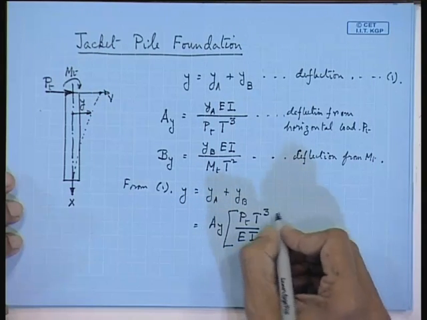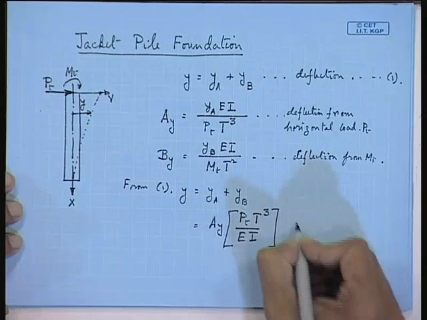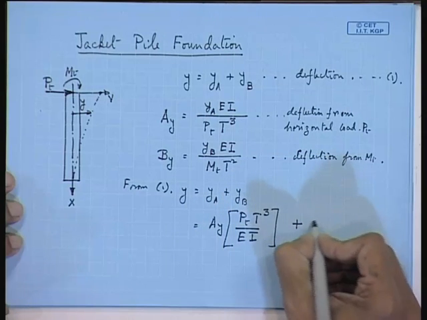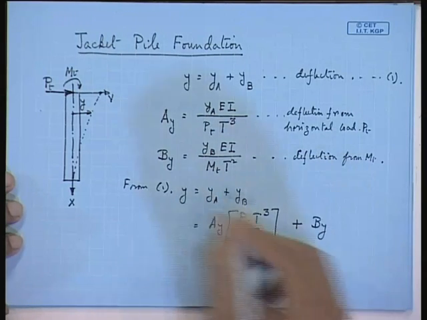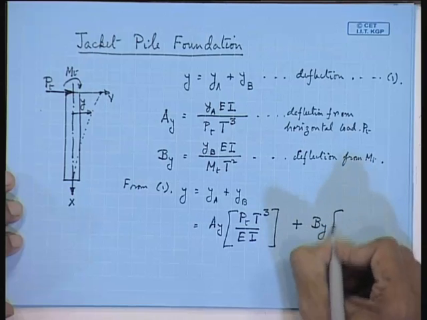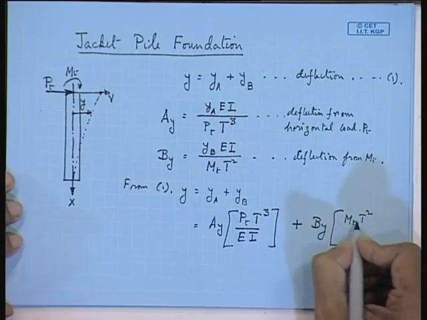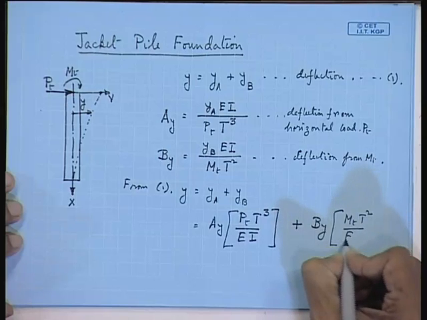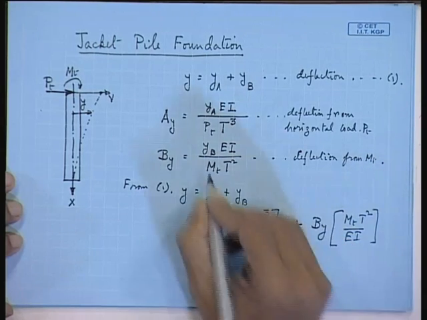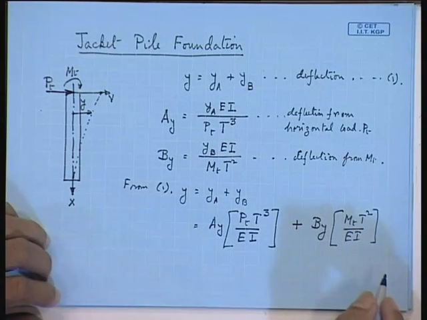This is the first coefficient we are getting, plus the other term will be By, coming from the moment, that is MT T square over EI. So, now this is your deflection.